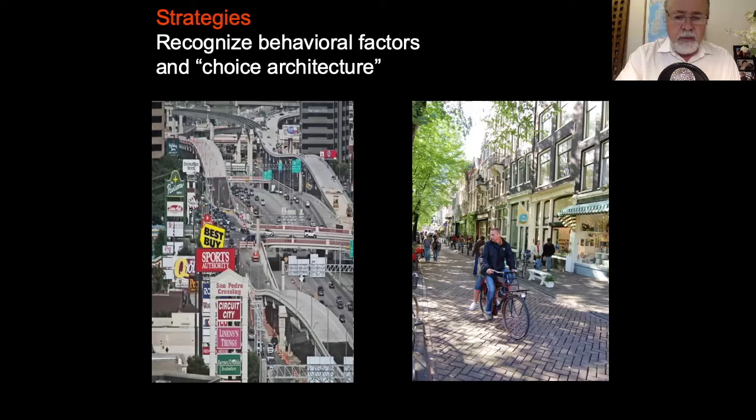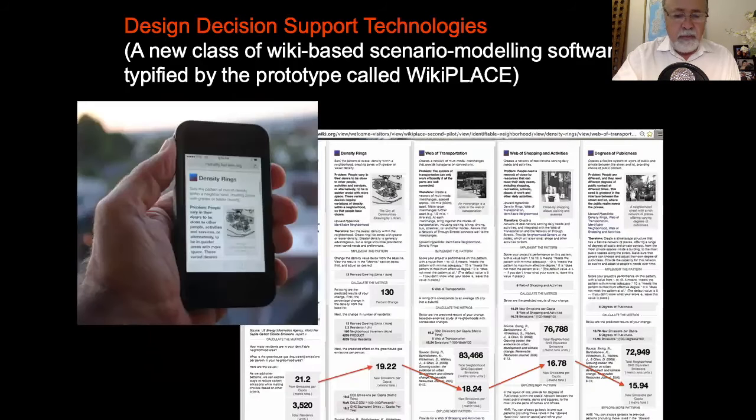Of course, it's one thing to recognize these differences and another to shift our existing and future environments in that direction. So we have to ask ourselves, what are the tools and strategies that we need? Well, a part of my research was to develop a prototype scenario modeling tool that would allow urban designers and community members to more accurately understand the implications of different urban designs for, in this case, greenhouse gas emissions, as well as for other externalities, as they're called.